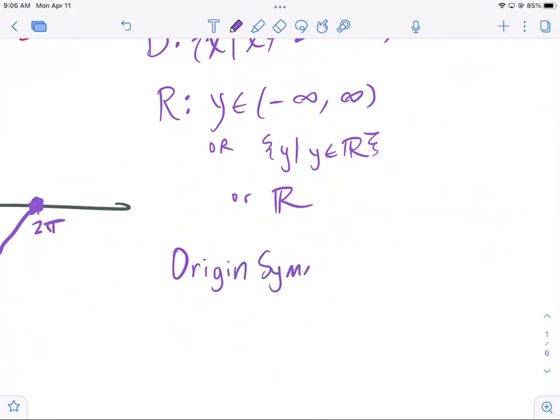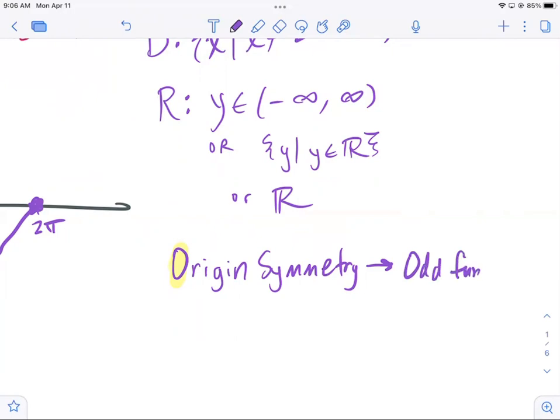Origin symmetry. It can't have x-axis symmetry or it wouldn't be a function, right? Only the x-axis has x-axis symmetry and passes the vertical line test. So what type of function do we call those with origin symmetry? Y-axis symmetry are even functions, so these are odd functions.